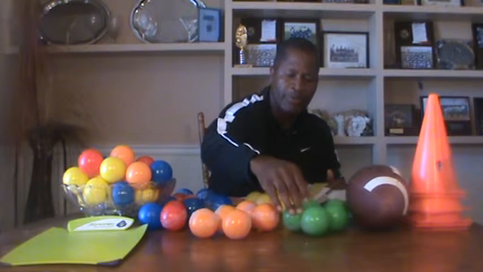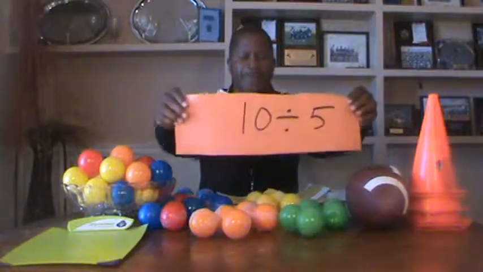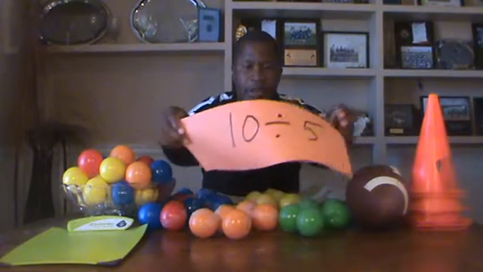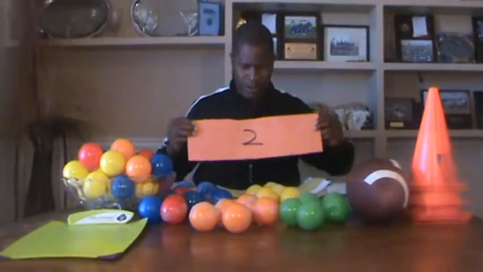That's 5 balls here and 5 green balls. So that's a total of 10 balls. How many groups of 5? 2. So the answer is: 5 goes into 10 2 times. Good. Moving on.